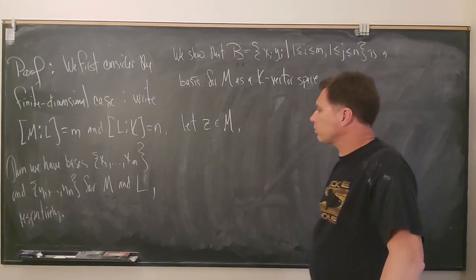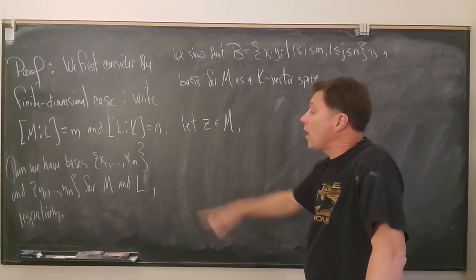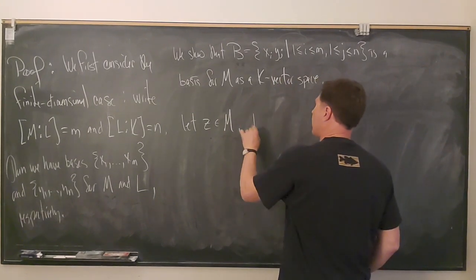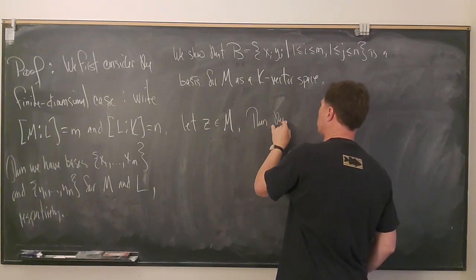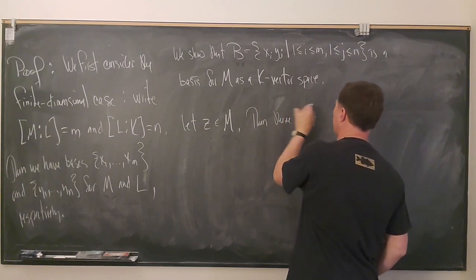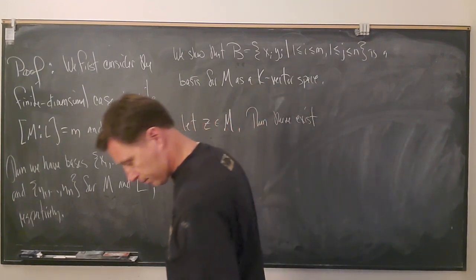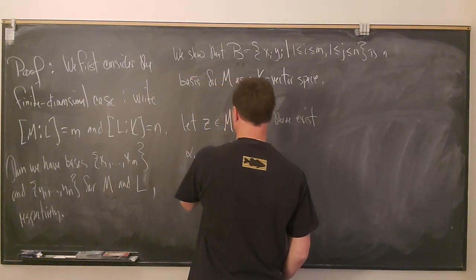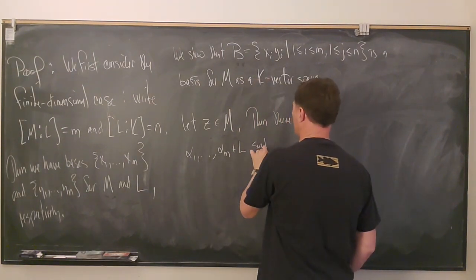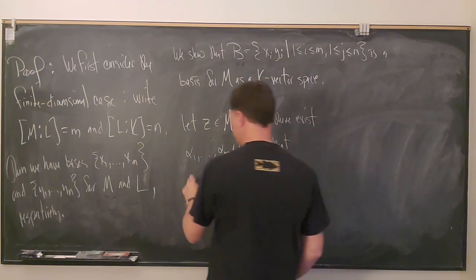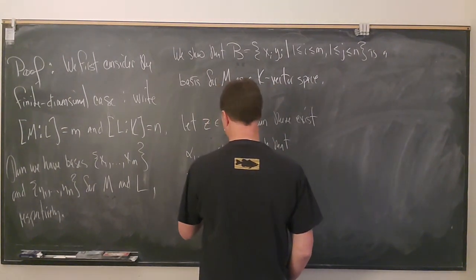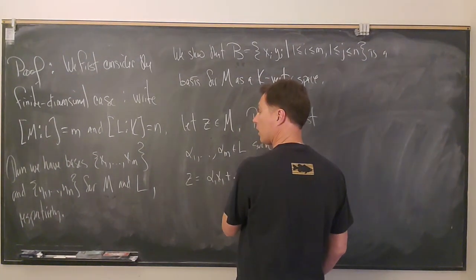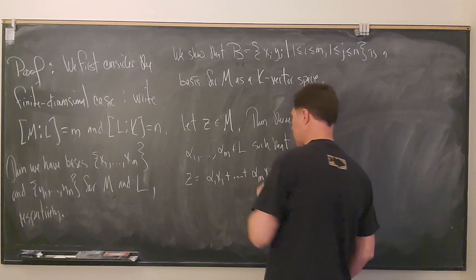Now, we know that x1 through xm is a basis for M over L. So we can say there exist alpha 1 up through alpha m in L such that z is equal to alpha 1 x1 plus dot dot dot plus alpha m x sub m.